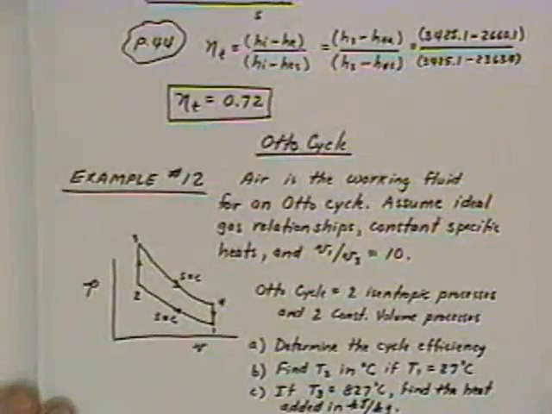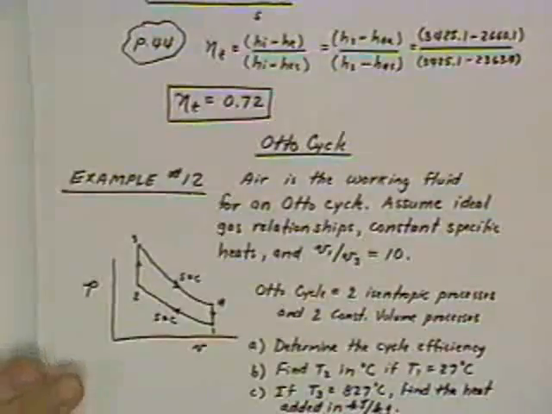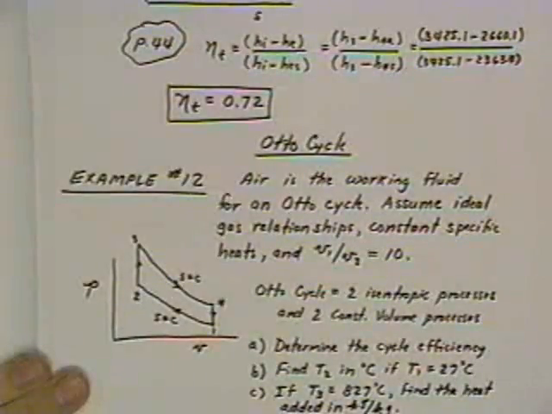The Otto cycle consists of isentropic compression from point 1 to point 2. Then it has a constant volume heat addition from 2 to 3. Then a constant entropy, or isentropic, expansion from 3 to 4. And then a constant volume pressure reduction from 4 back to 1.